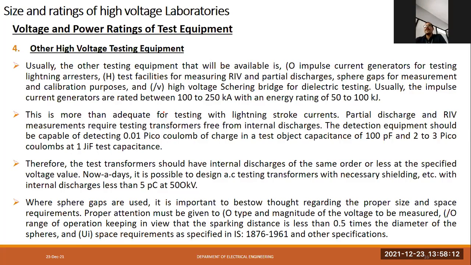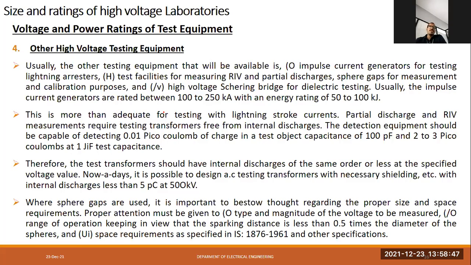So there should be detection equipment capable of detecting around 0.01 picocoulomb of charge, in a test object capacitance of 100 picofarad or 2 to 3 picofarad at 1 microfarad test capacitance. For a test transformer, the internal discharge at a specific voltage level should be less than 5 picocoulomb at 500 kV.